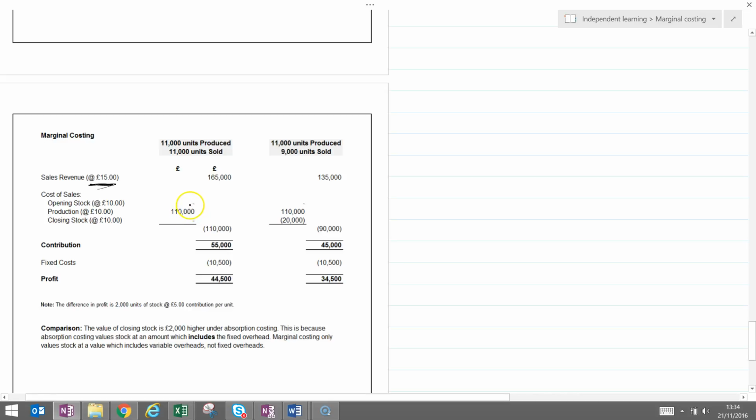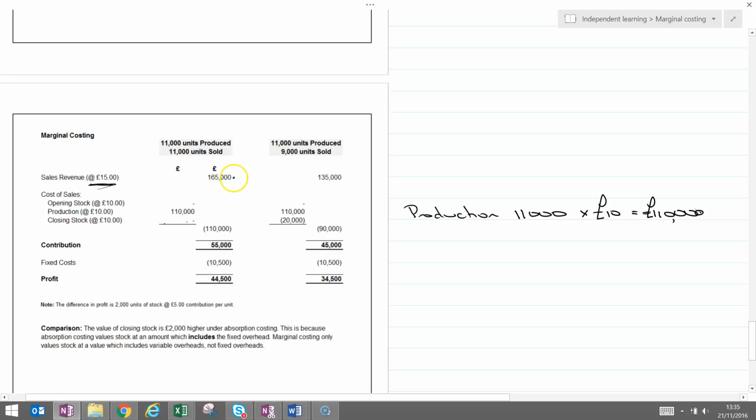Opening stock is 0. Production, we have produced 11,000 units, but because we're doing marginal costing, our production cost is £10. So that's 110,000. We have no closing stock.